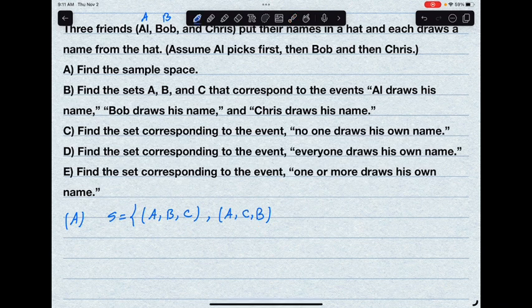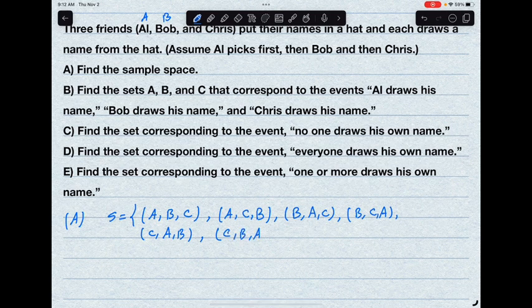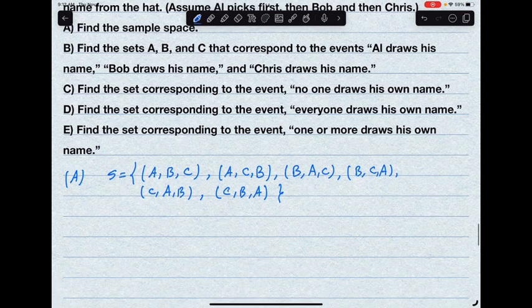Now what is next? It can be B, A, C, and B, C, A, and the other one, it can be C, A, B, and C, B, A. It can be in 6 forms. But why is it 6?